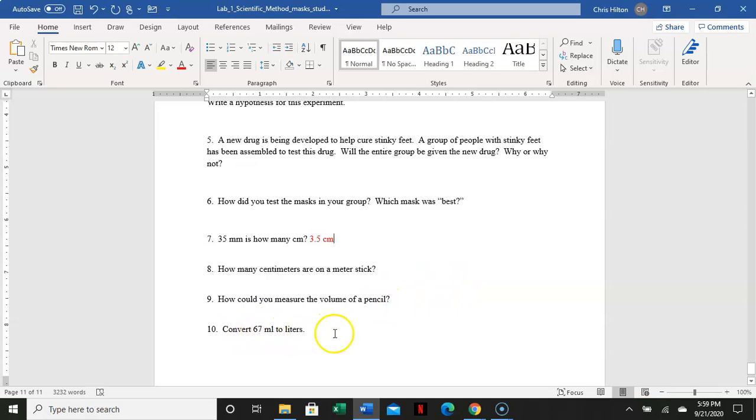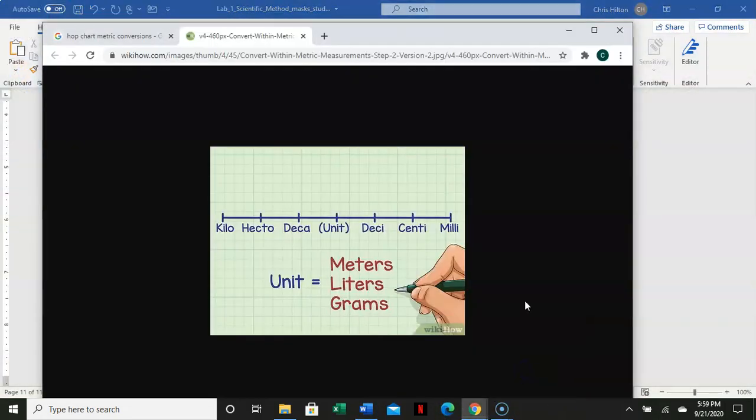So there's a couple other conversions, 67 mils to liters, how many centimeters are on a meter stick that you can practice on, but that is essentially it. You can just make one of these charts. Again, on the exam, I would go all the way down to micro, just in case we throw a micro at you.